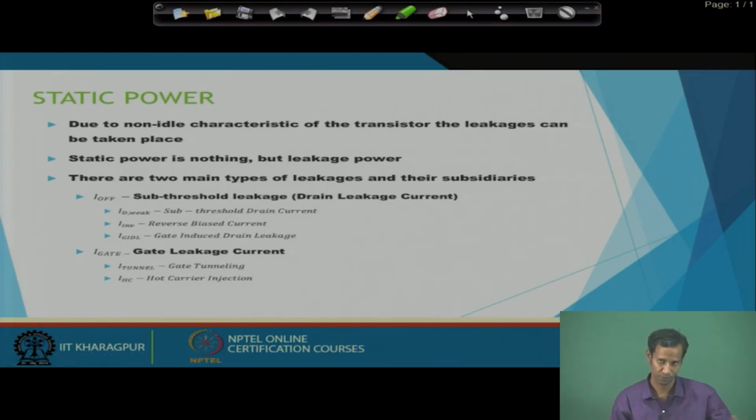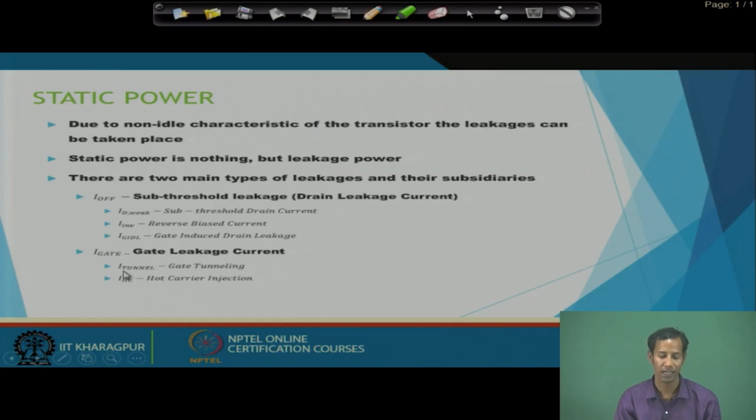Whenever we reduce the gate length day by day, nowadays to 3 nanometer, people are trying. Whenever we reduce the gate channel length, these particular terms become dominant day by day. Okay.